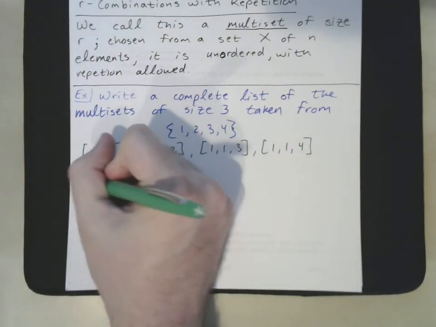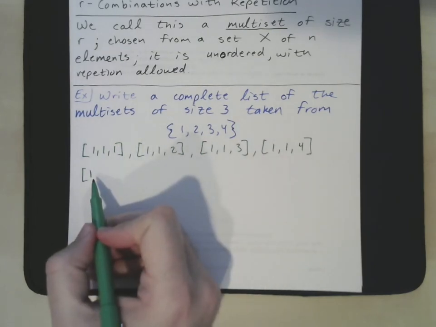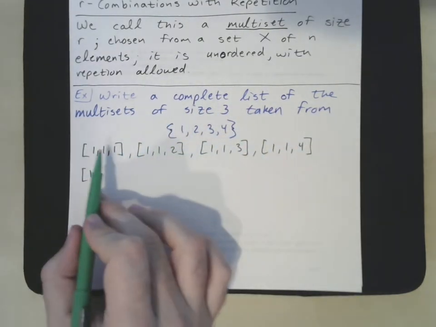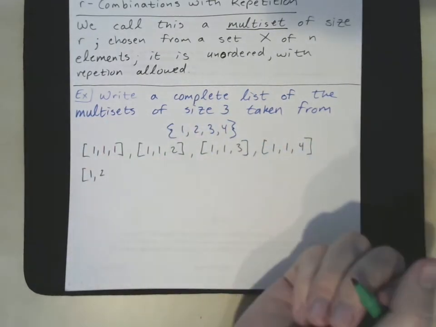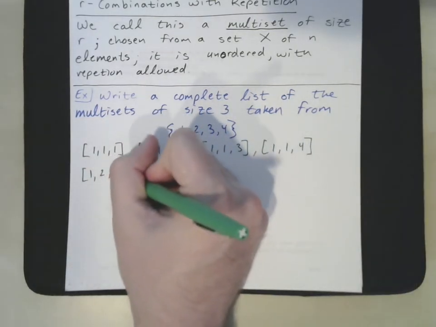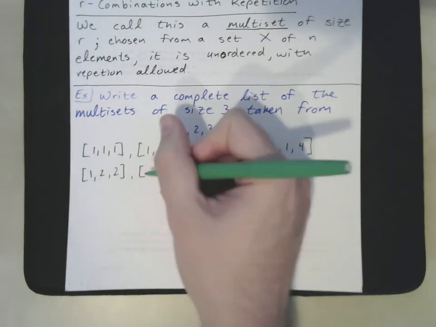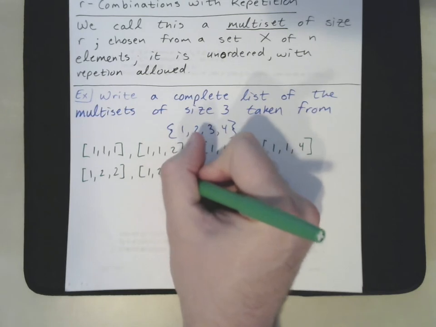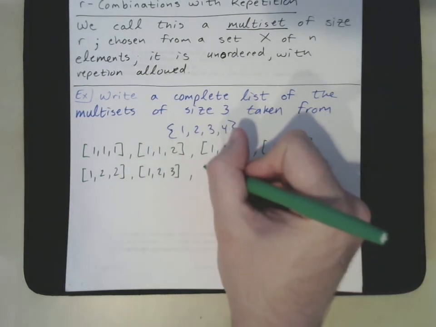And then the next one down, this is all the sets that have 1 in the first position only, because I already have 1 and 1 in the second position. So that means I can have 2s. So I can have 1, 2, 2. I can have 1, 2, 3. I can have 1, 2, 4.